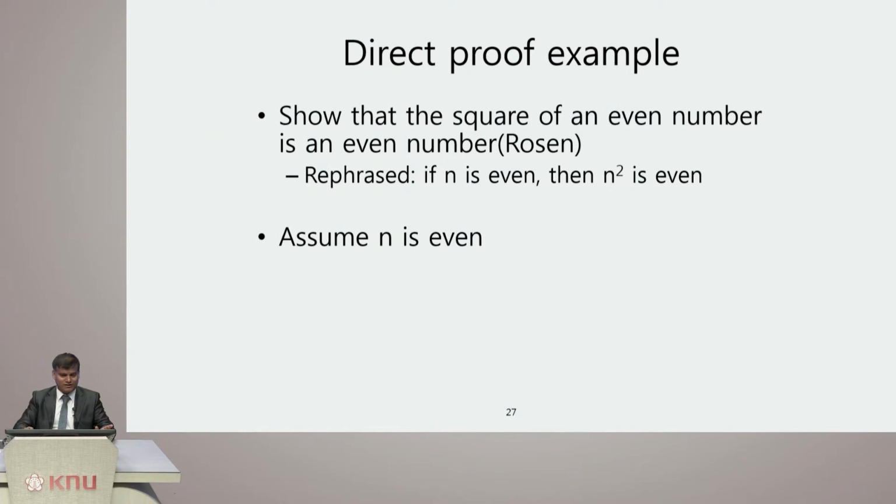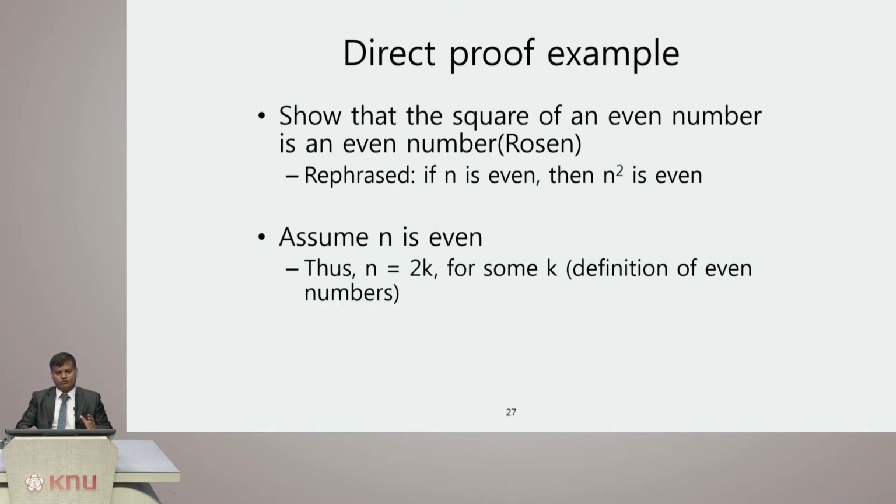As we have seen earlier, if P is true, then we have to prove that Q is also true, for P implies Q. Now we have to prove n square is even. We are assuming that n is even, thus n equals 2 times k for some value k. We know that 2 times anything means it is an even number.